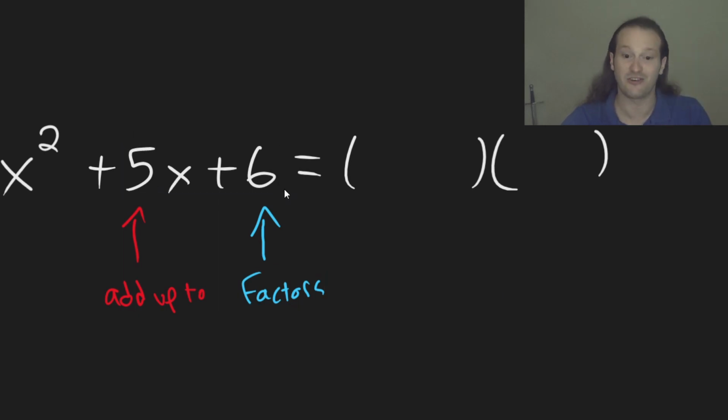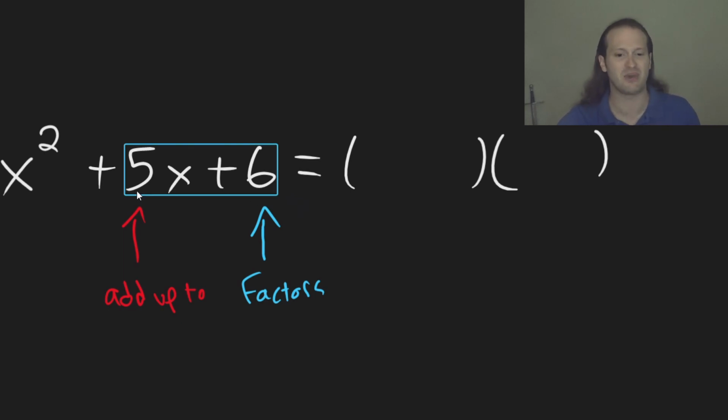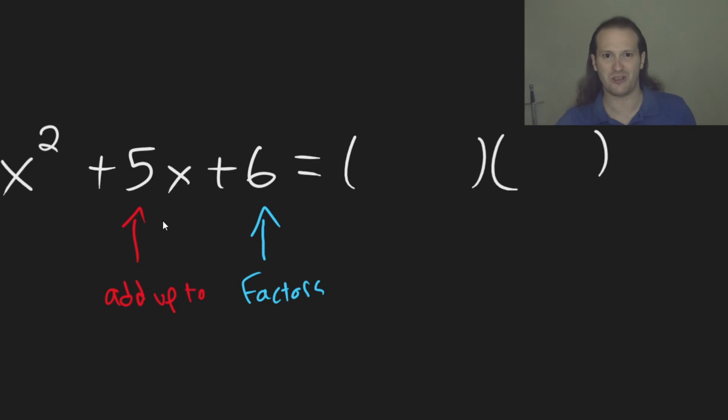Run through the factor pairs of this, because there are infinitely many pairs of numbers that add up to 5, like 1 and 4, 2 and 3, 100 and -95. So there are infinitely many possibilities for this, but there's a much shorter list of numbers that are factor pairs of 6.